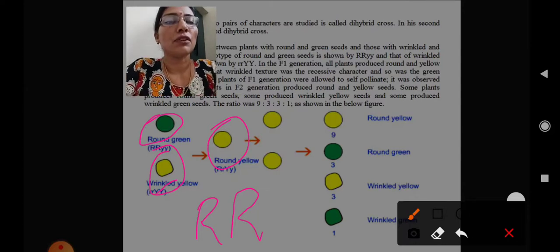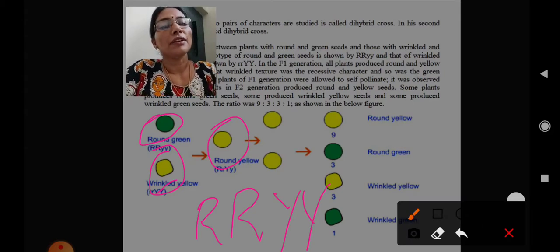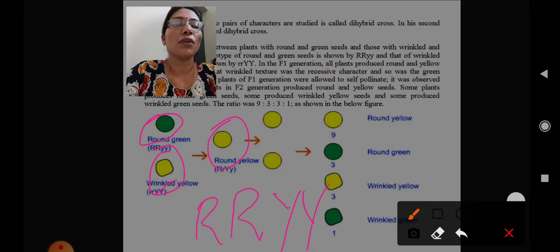And for yellow, capital Y, because yellow color is also dominant over green color. Now you can see the F1 generation is all round and yellow.